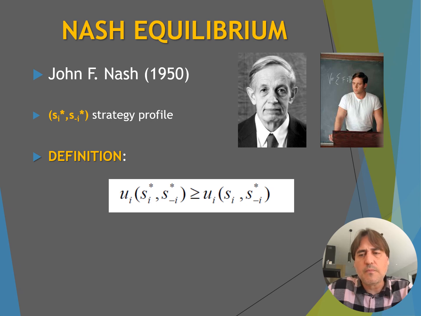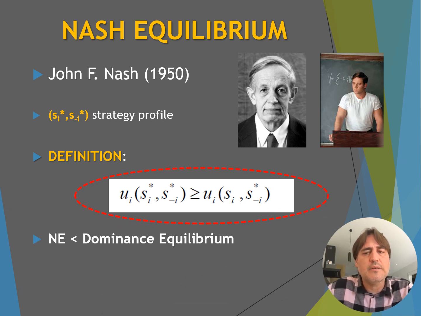The notion of Nash equilibrium is weaker than the notion of dominant strategy equilibrium that we have seen in previous videos. That is, an equilibrium in dominant strategies is always also a Nash equilibrium. For example, the outcome confess in the prisoner's dilemma is also a Nash equilibrium.